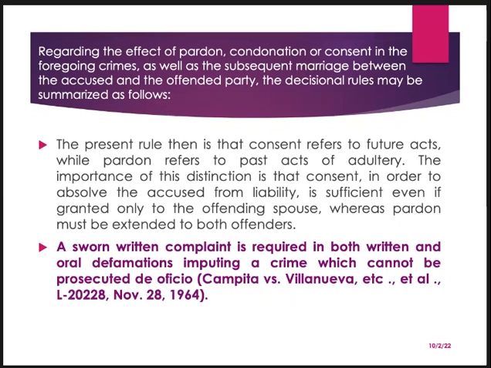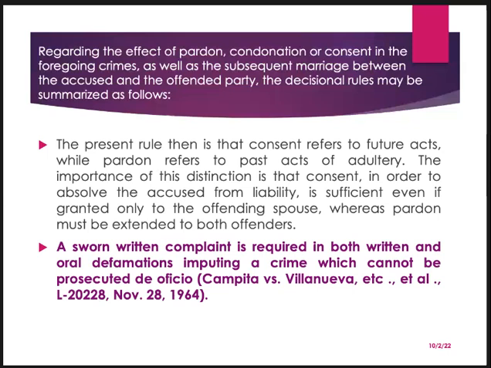In the subsequent case of People versus Schickenberger, it was held that consent refers to future acts of adultery and pardon refers to past acts of adultery. In People versus Engel, the Court of Appeals adhered to Ginukod's doctrine. However, in the latter case of People versus Zapata, the Supreme Court reiterated the Schickenberger doctrine, wherein niingon dito nga consent refers to future acts, while pardon refers to past acts, okay?